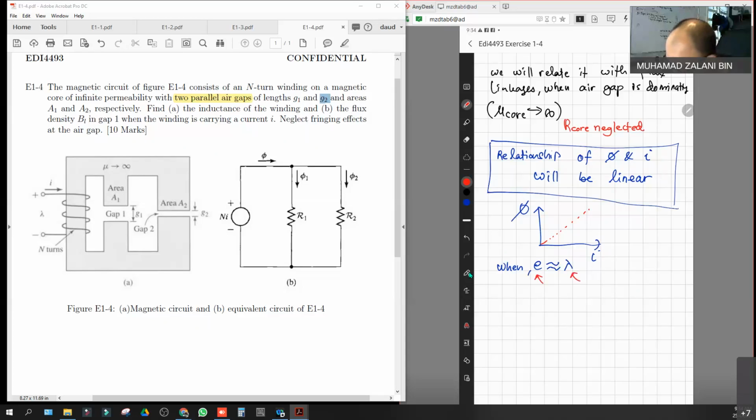E is the induced voltage inside the coil, whereas lambda is flux linkages.